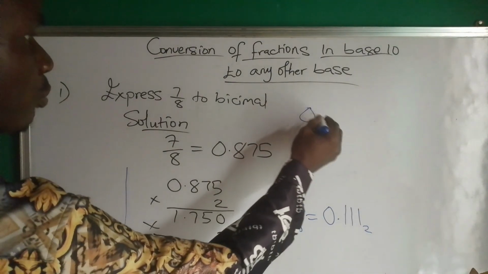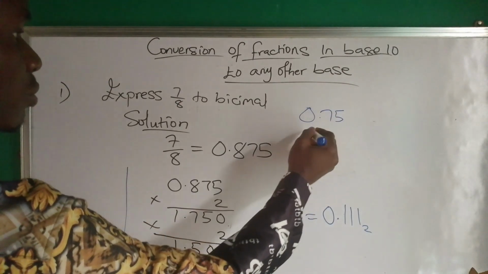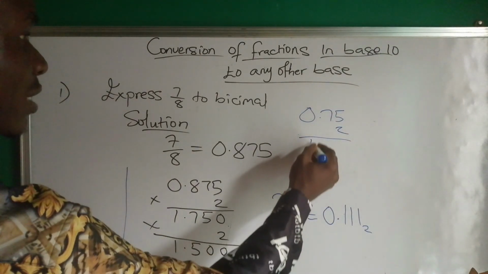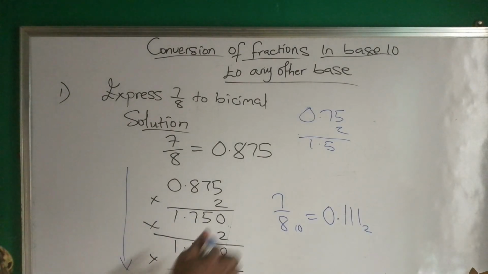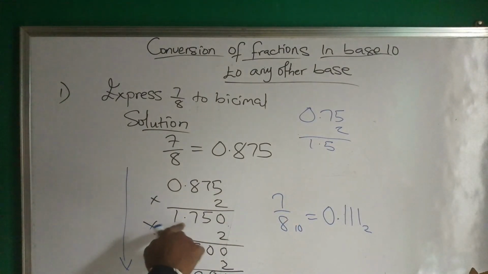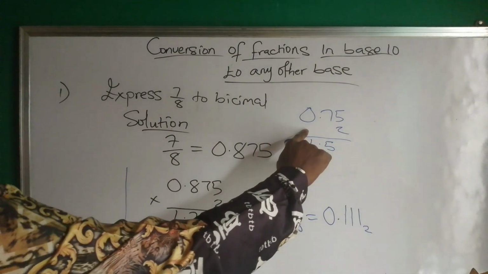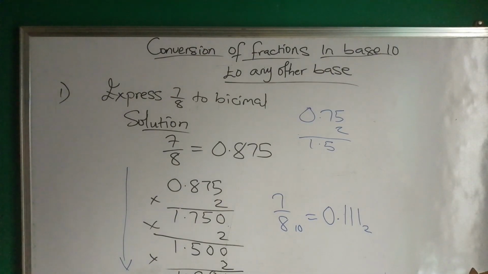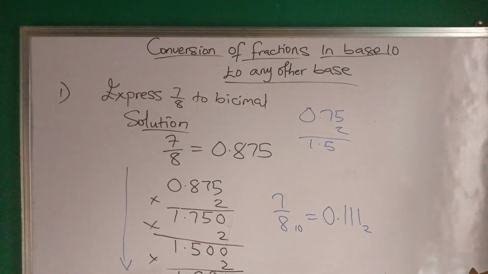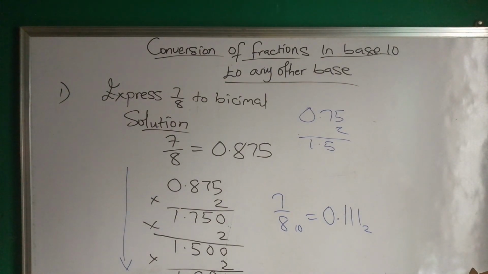Understood? 0.75 was multiplied by 2 to get 1.5, which is what we have here. So we did not multiply 1.75, rather we multiplied 0.75, because we said earlier that we are not multiplying this value that we have before the decimal point. Okay, if that's clear, let's move to the second example.